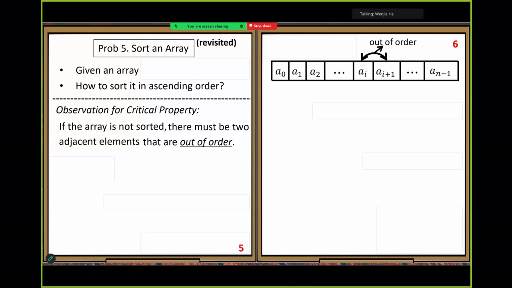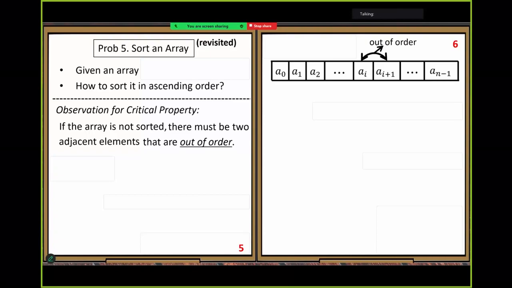Out of order means that if you compare adjacent elements, the first one is greater than the second one. Now you need to understand why, if the array is not sorted, there must be two adjacent elements that are out of order.